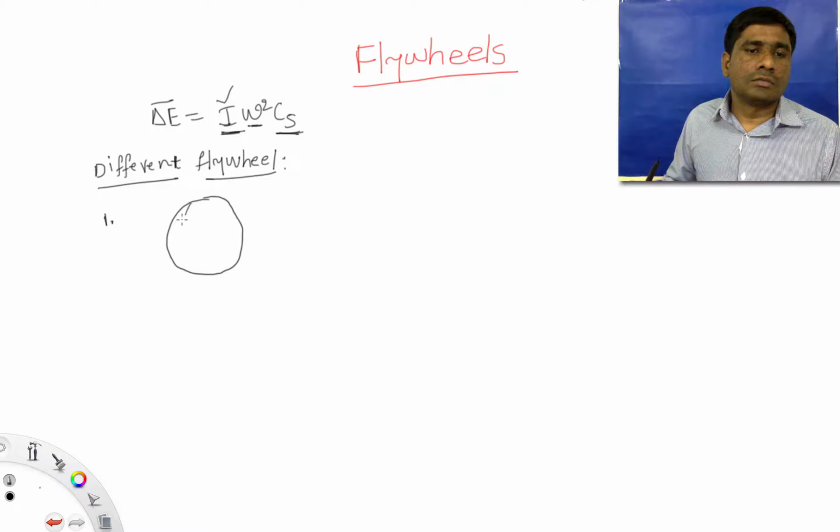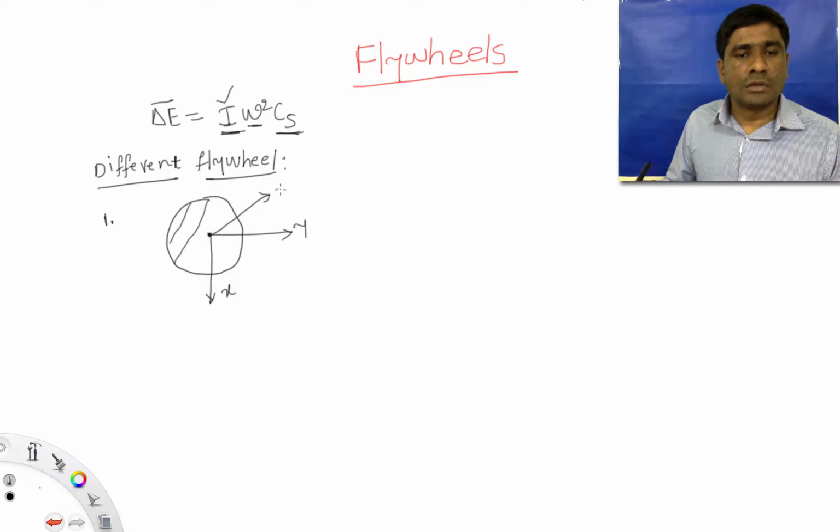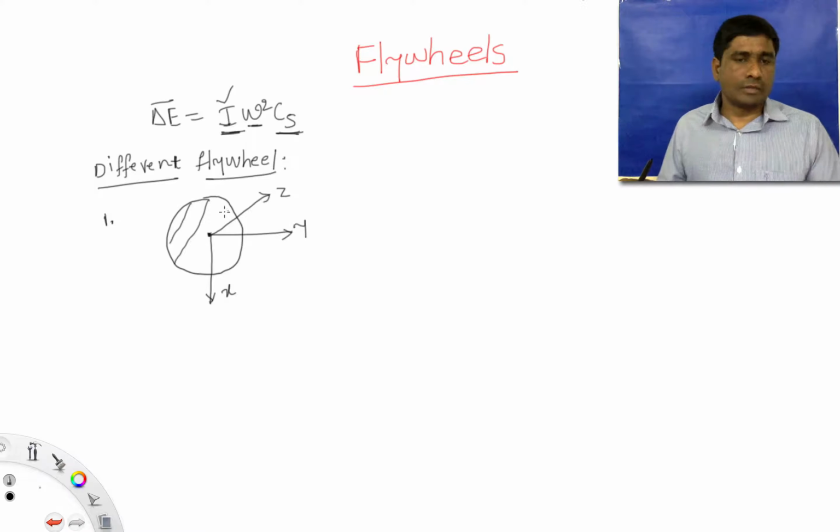This is a solid disc, and for example, this is the origin, this is the y-axis, this is the x-axis, and the z-axis is perpendicular to the x and y plane.